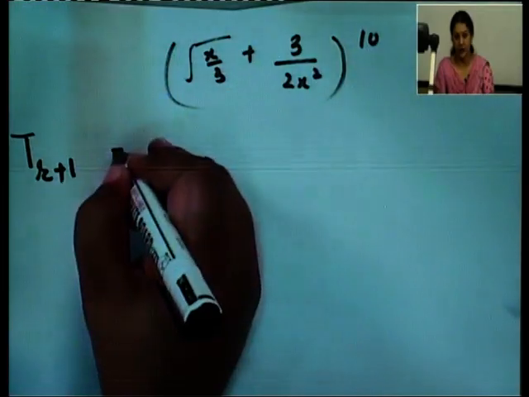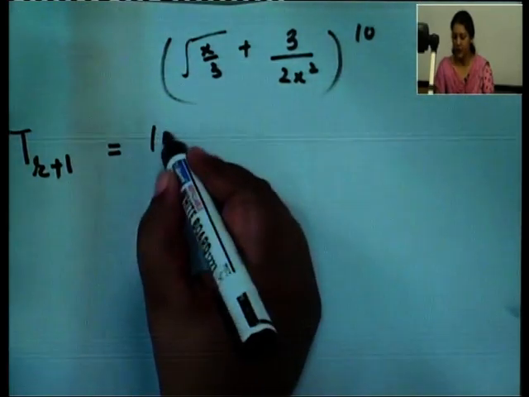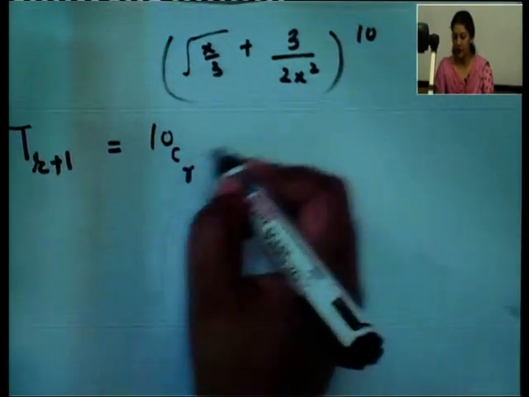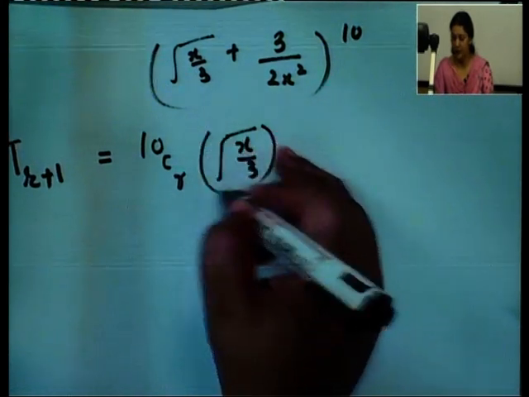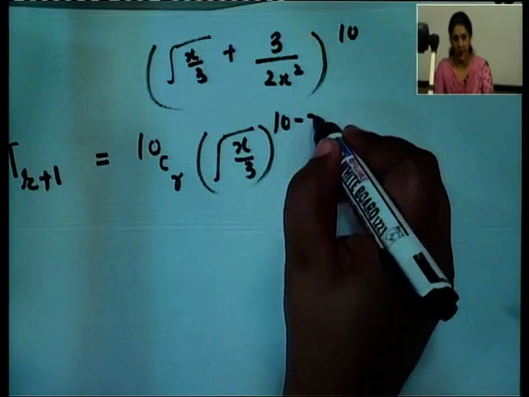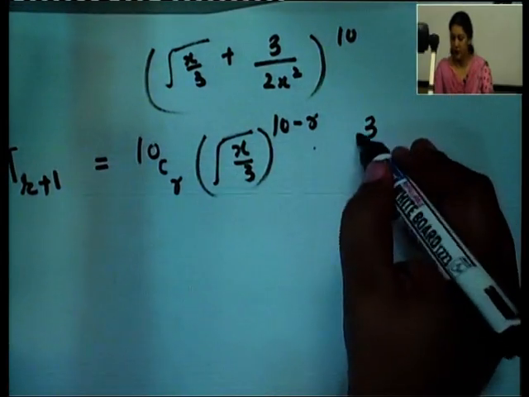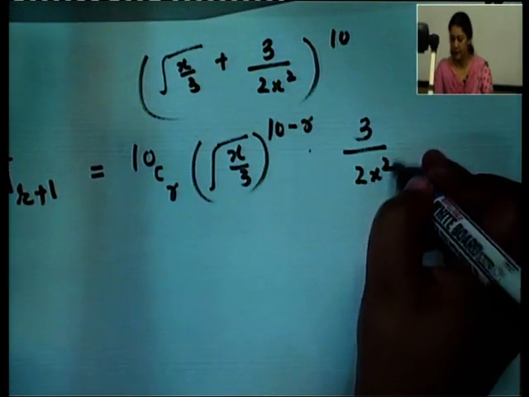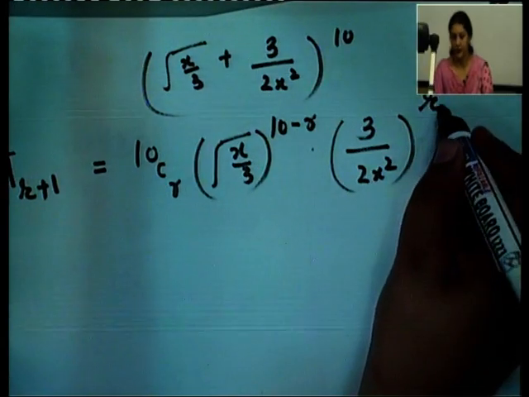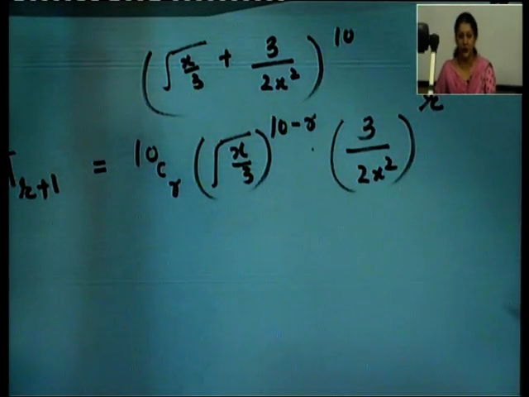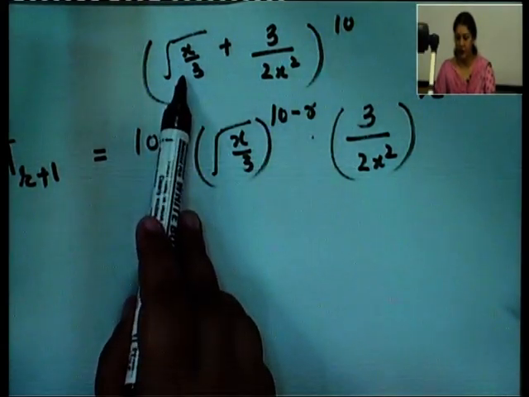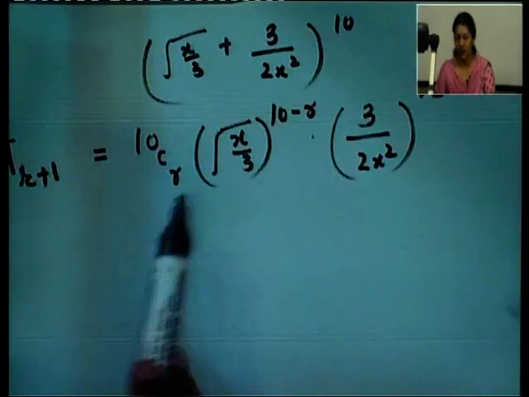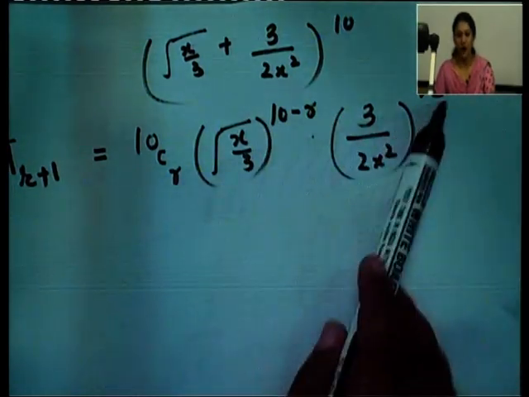The (r+1)th term is equal to 10Cr (√x/3)^(10−r) into (3/(2x²))^r. This is the general term, the (r+1)th term: 10Cr, first term raised to power 10−r into second term raised to power r.